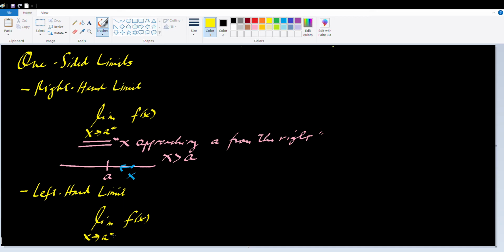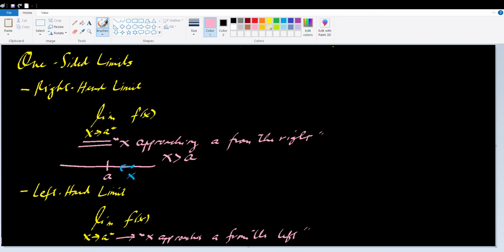The superscript means that the x values are less than a. And this expression is read as x approaches a from the left.